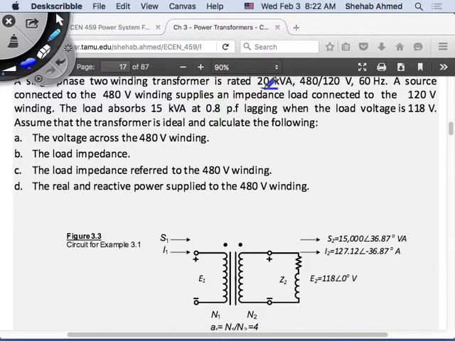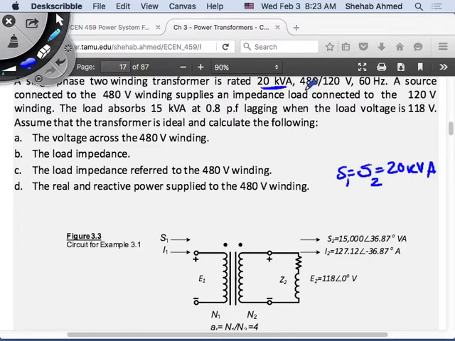So the power rating is 20 kVA. So this is my S for the transformer, right? And we said that we're only talking about ideal transformers now, so S1 is equal to S2. We agree? Right? The power on the primary side has to equal the power on the secondary side. This is a lossless transformer.